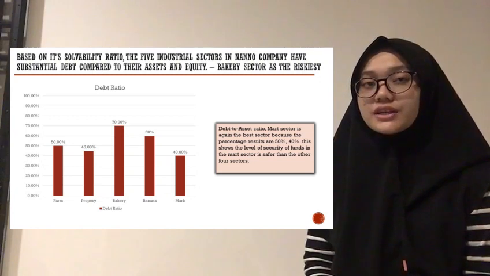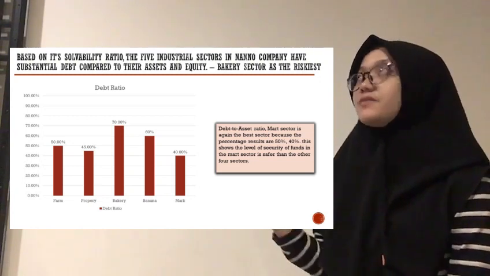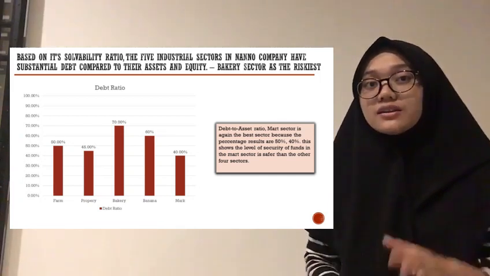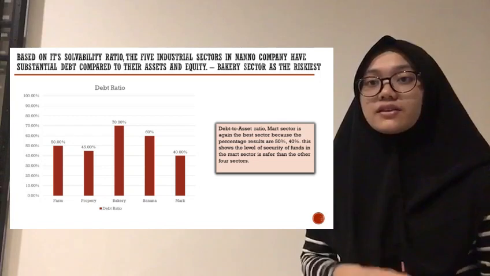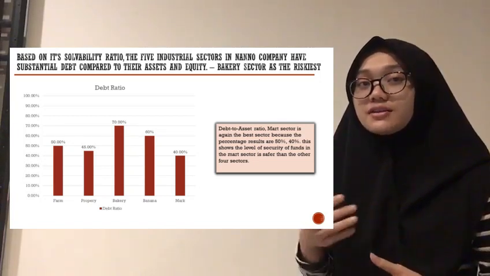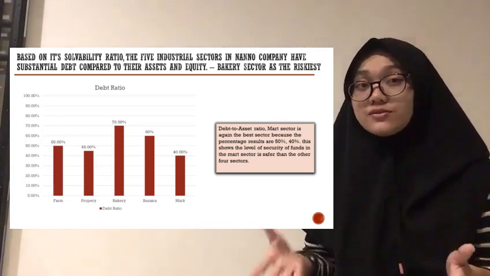Next, we move to another explanation of solvency ratio. Here we have debt to asset ratio. What is debt to asset ratio? Debt to asset ratio is a ratio to measure the percentage of funds originating from the company's debt, both short-term debt or long-term debt.